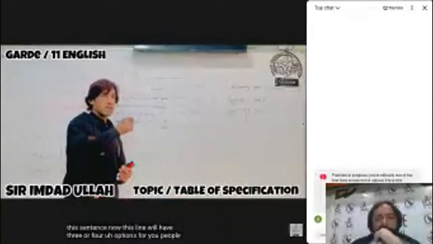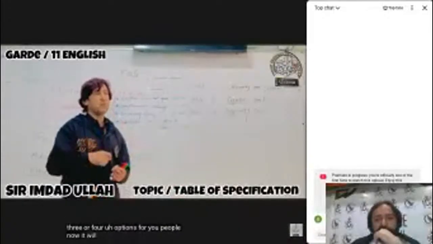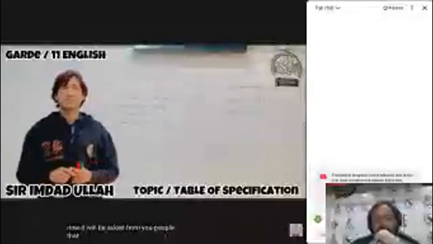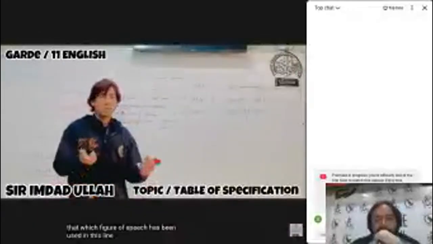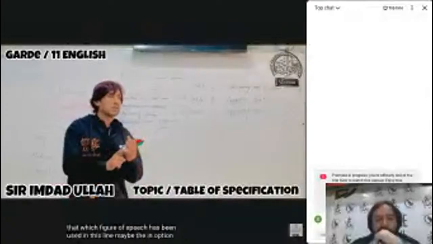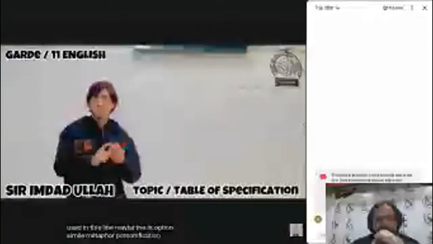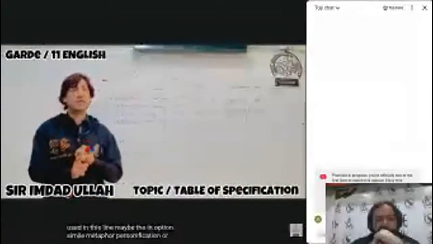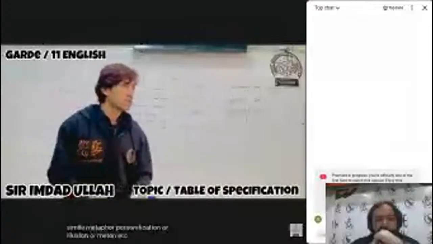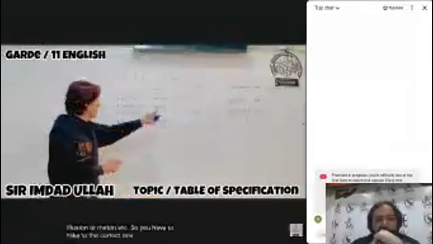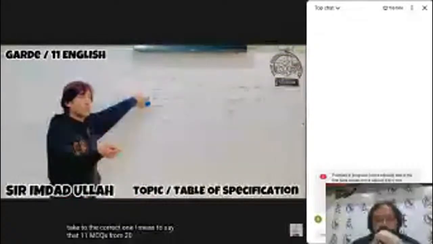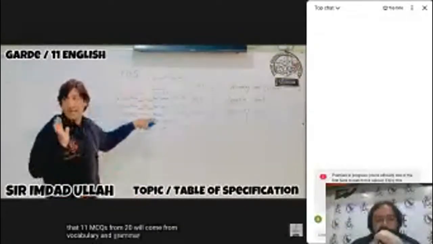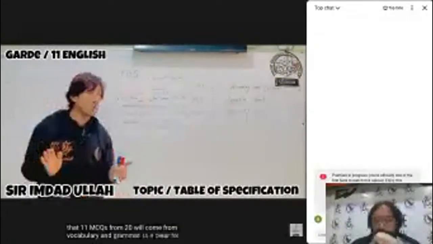It will be asked which figure of speech has been used in this line. Maybe in the options: simile, metaphor, personification, allusion, or metonymy, etc. So you have to pick the correct one. I mean to say that 11 MCQs from 20 will come from vocabulary and grammar. Is it clear for you?